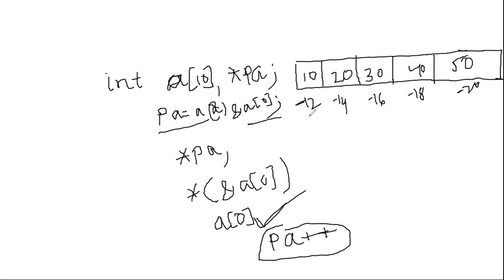PA is equal to a represents the starting address. When you increment PA plus plus, it is -12 plus 2, because memory occupies 2 bytes for every integer variable. So -10, this element address is -10, then -8, -6, -4.